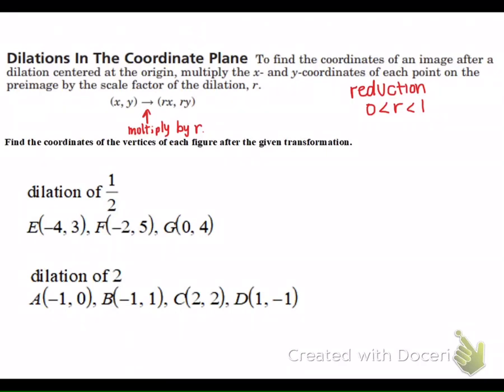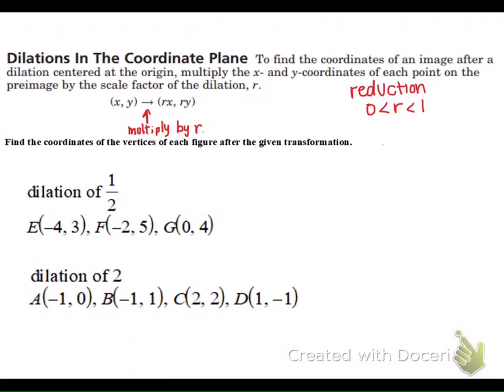Give me numbers between 0 and 1. 0.9. What else? 0.5. 0.8. 1/2. 3/4. 0.65. 0.52. Whatever number becomes a half or is between those numbers, we're okay. It is considered a reduction. We're reducing the size.